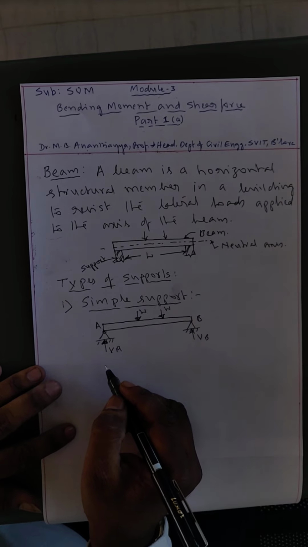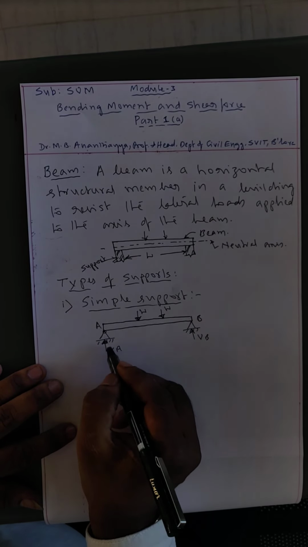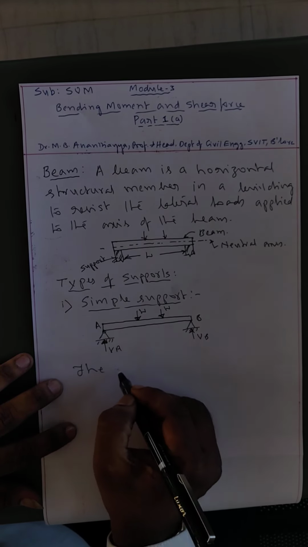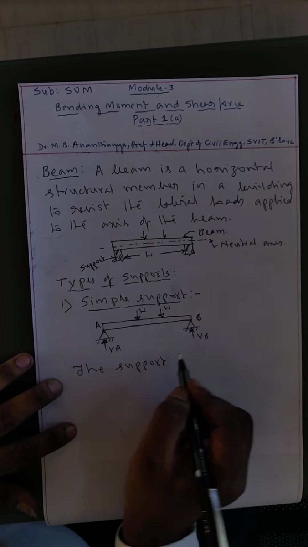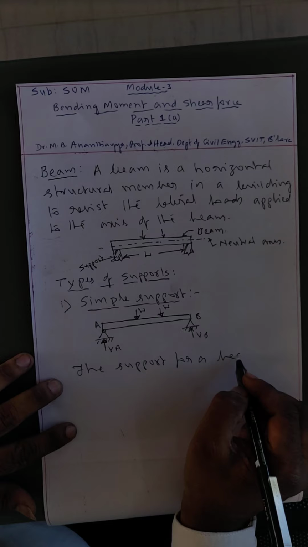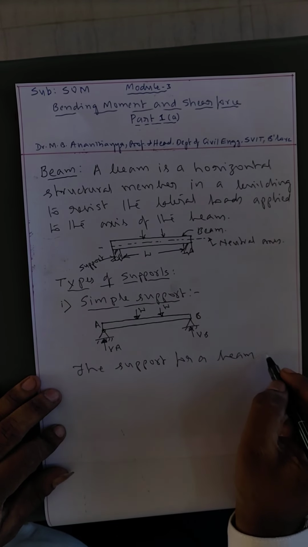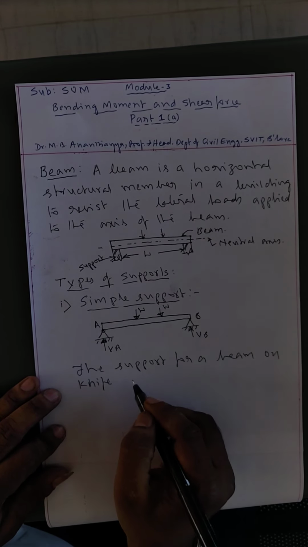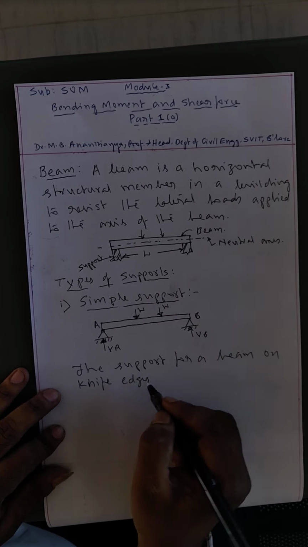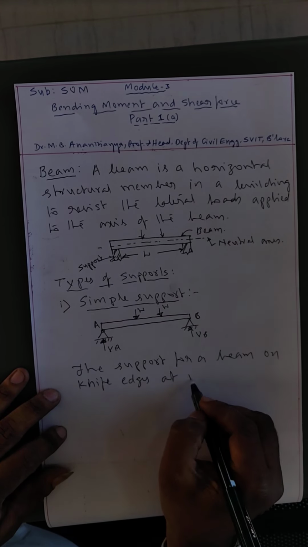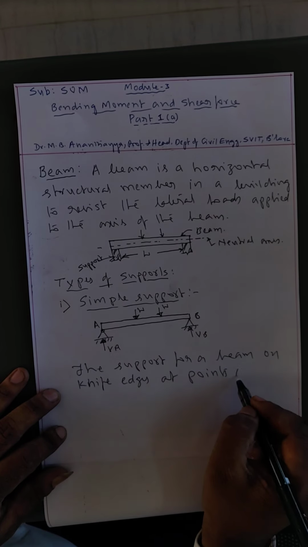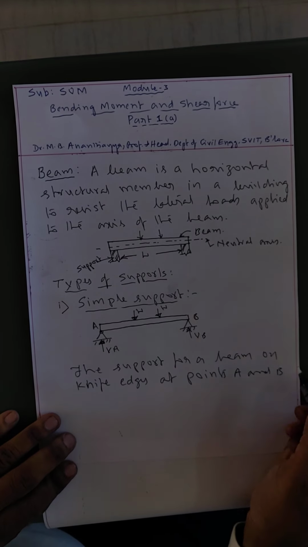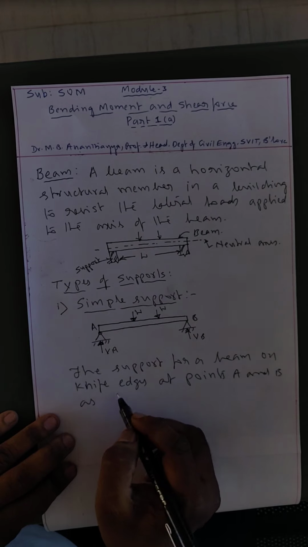The support for a beam, this is the support. Two supports are there at A and B. The support for a beam on knife edges at points A and B as shown in the figure.